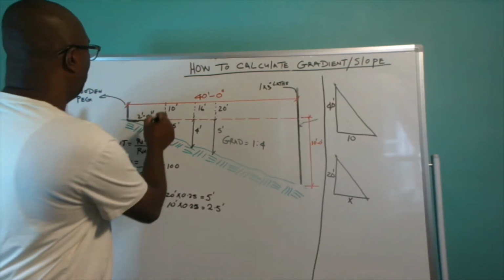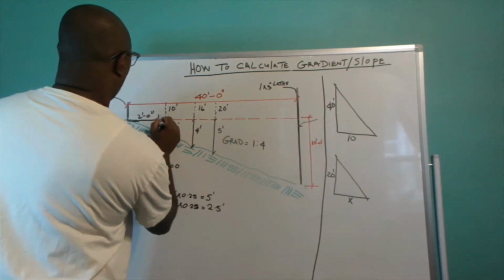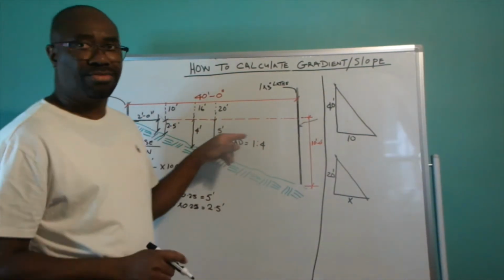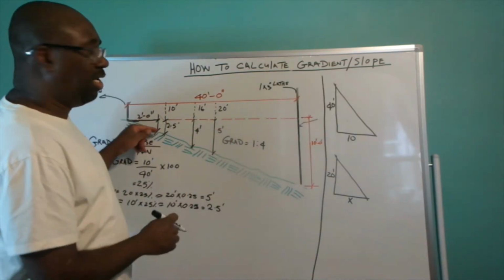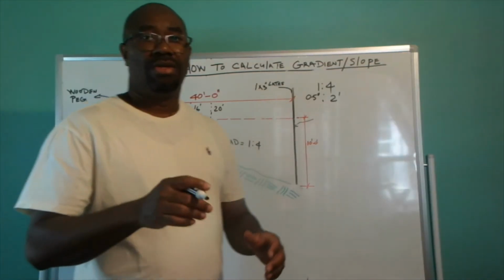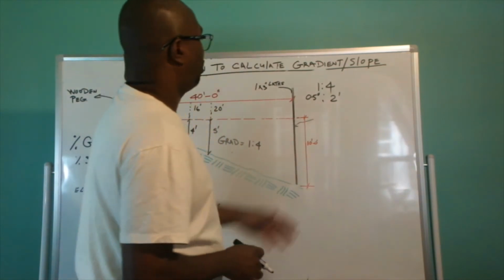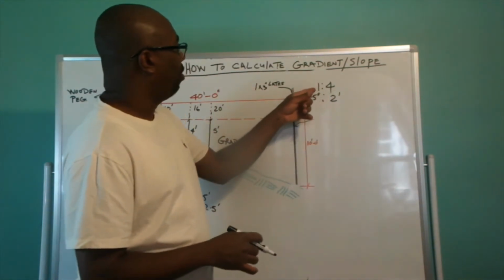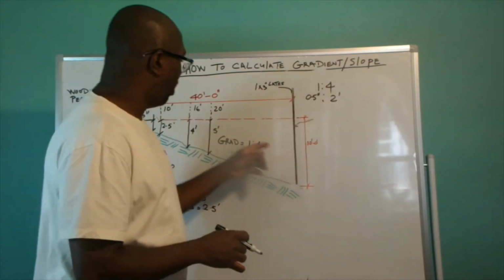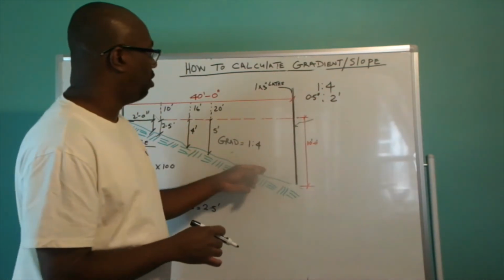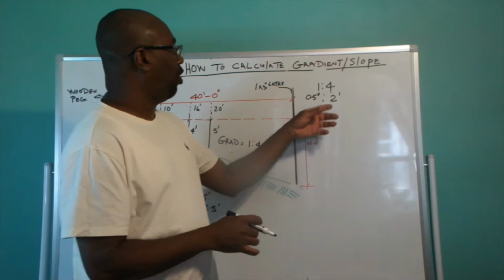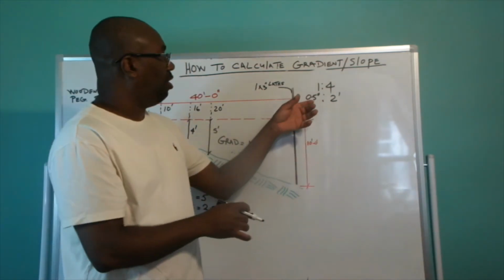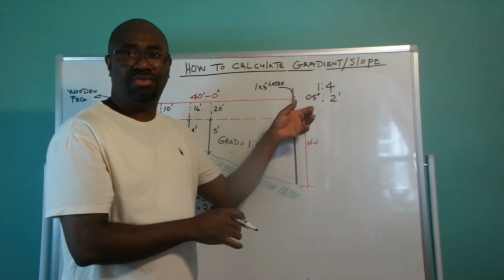you have here, or height here for your rise, we know that every 2 feet, that is going to be equivalent to that amount of rise. So since we have a 1 in 4 gradient for our slope here, we know that if we're going to use a 2 feet run, it is going to be equivalent to a ½ inch rise.